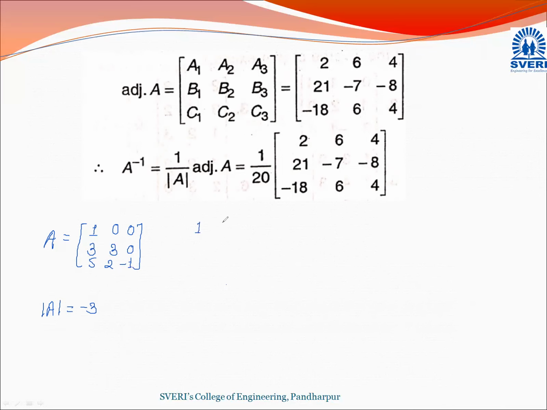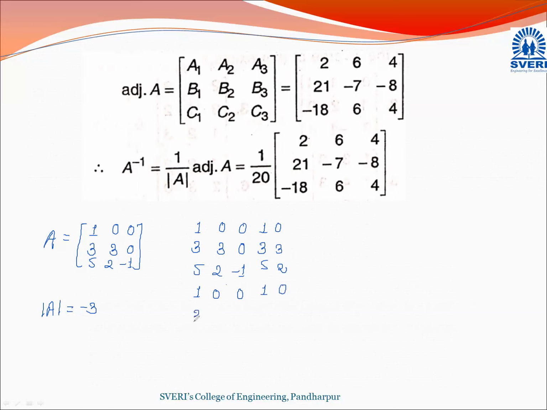By using that idea, 1, 0, 0, 1, 0. Then next 3, 3, 0. First, I am writing that given matrix 1, 2, minus 1. Just we are extending that term 1, 3, 5. Then 0, 3, 2. In same way, we are taking that next row 1, 0, 0, 1, 0.